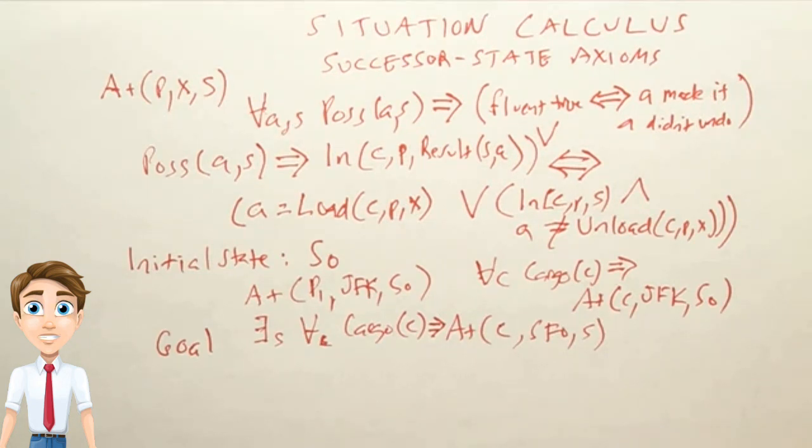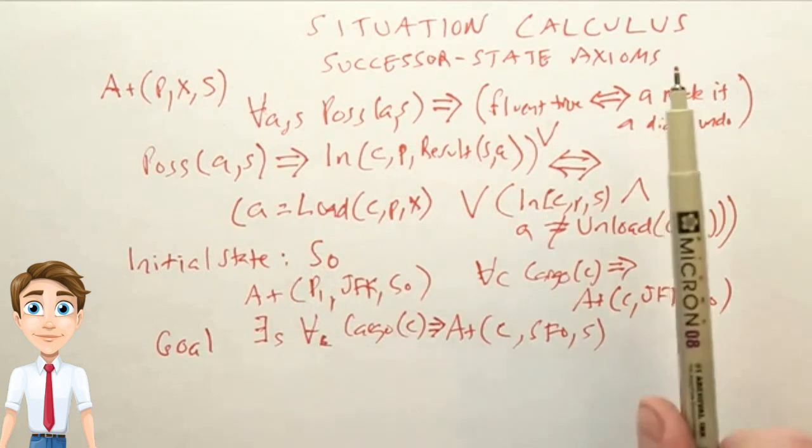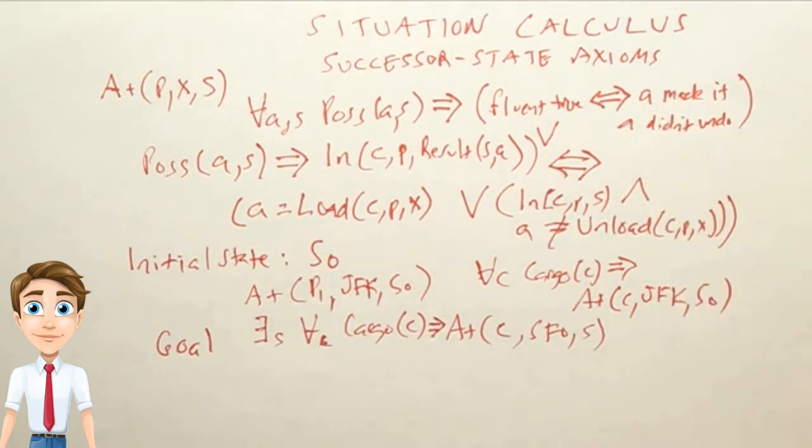We can just state this as a problem, apply the normal theorem prover that we already had for other uses, and it can come up with an answer of a path, a situation which satisfies this goal, given the initial state and given the descriptions of the actions. So the advantage of situation calculus is that we have the full power of first-order logic. We can represent anything we want, much more flexibility than in problem solving or classical planning.